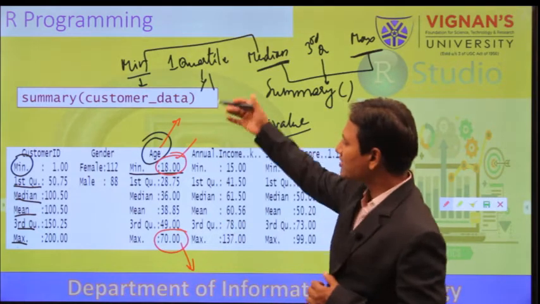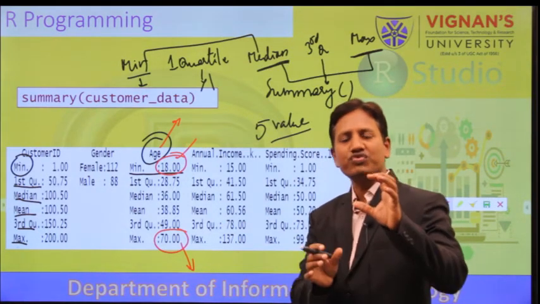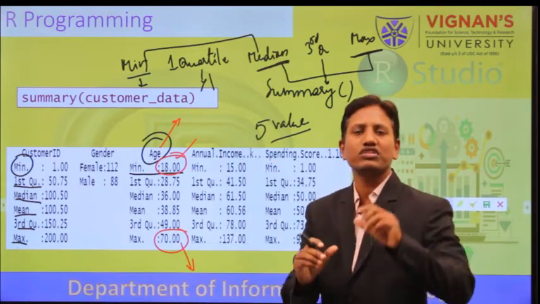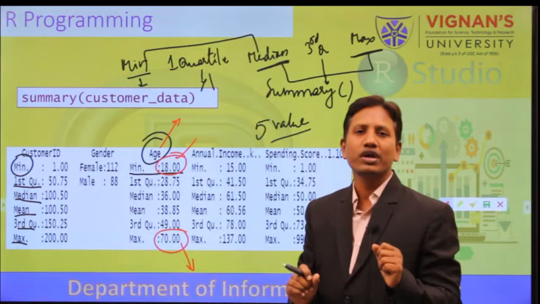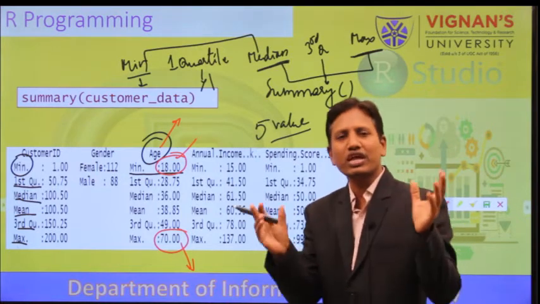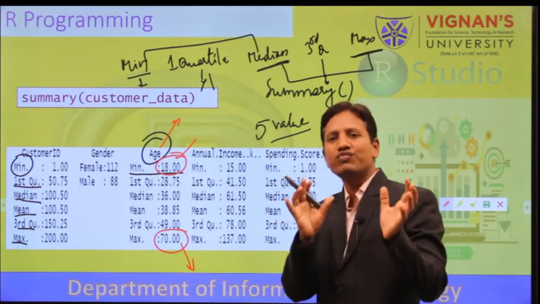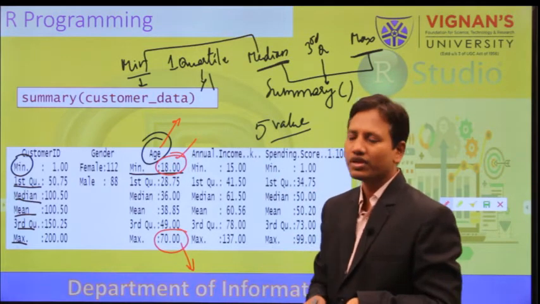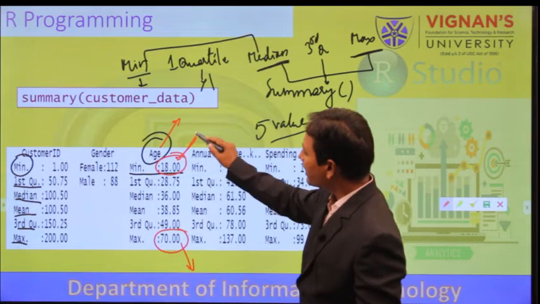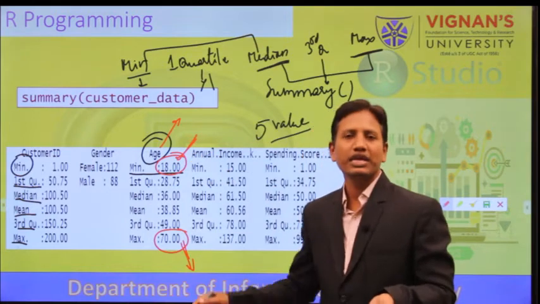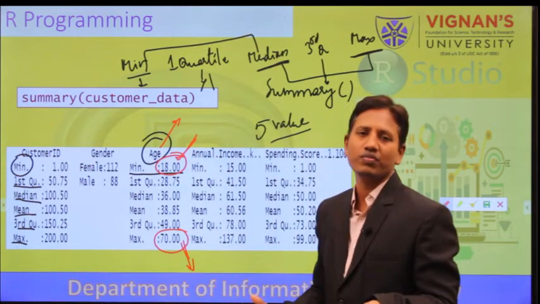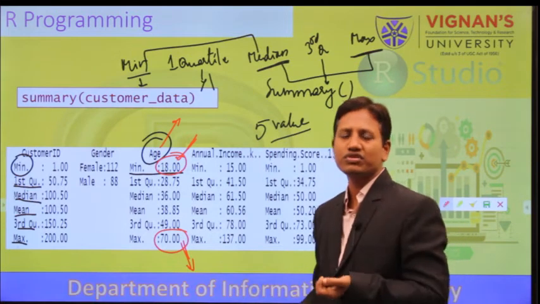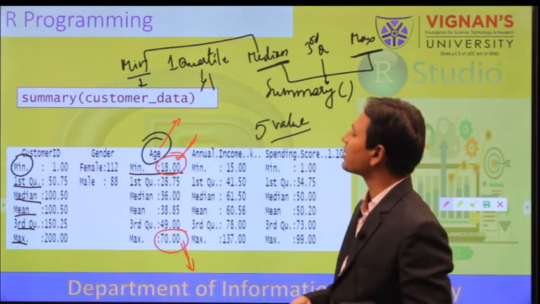So with the help of this summary, as a gist, we get the small value and the large value. By seeing these two values, we can conclude which age group of people are visiting our shop. Here it is showing that people from 18 to 70 are visiting our shop. That is one point we have understood by seeing this summary.